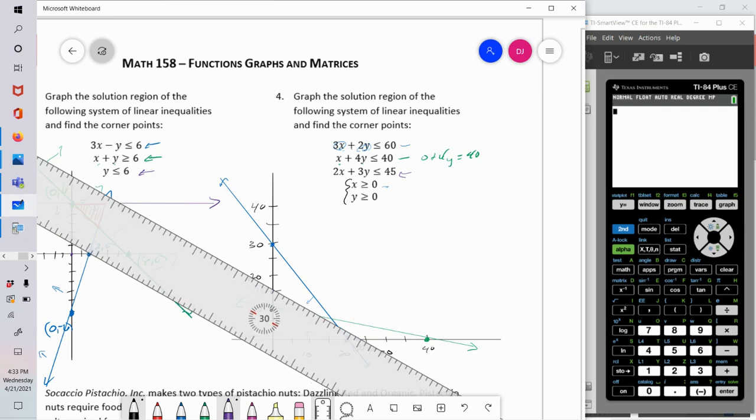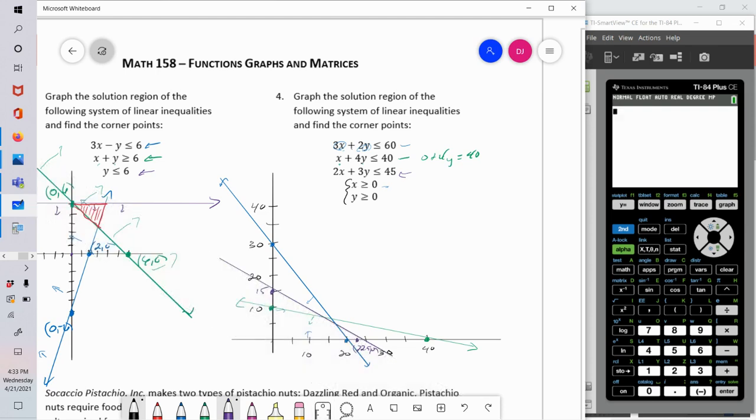Suppose it doesn't have to be super perfect. Okay. And here's my third equation. And again, we're going to shade below. So you'll notice that our shaded region is this 5-sided region right here.